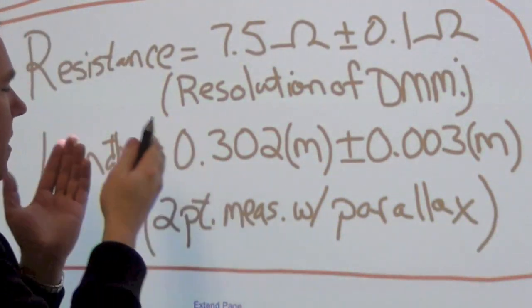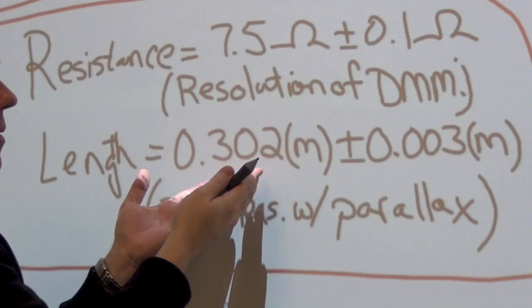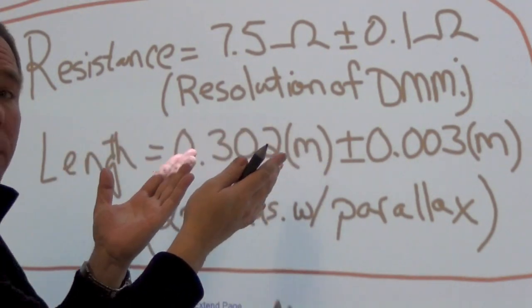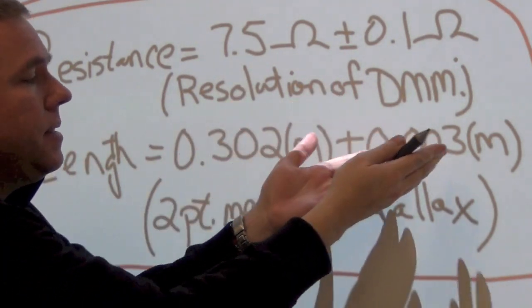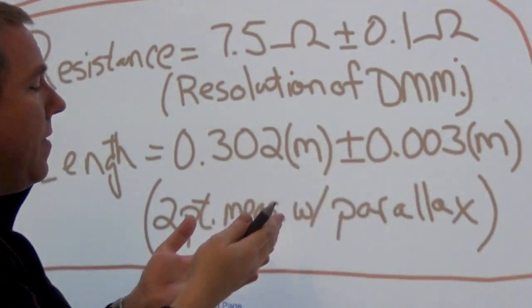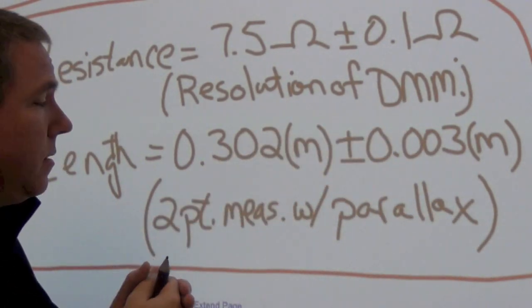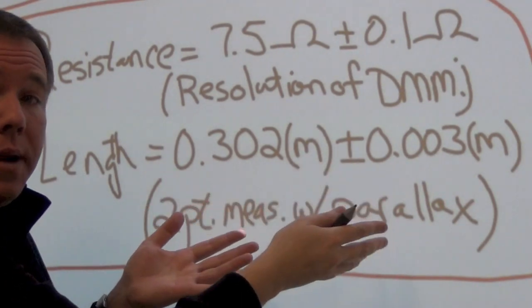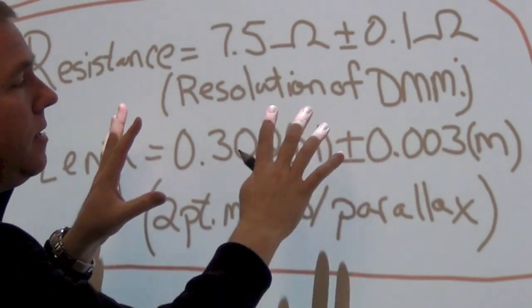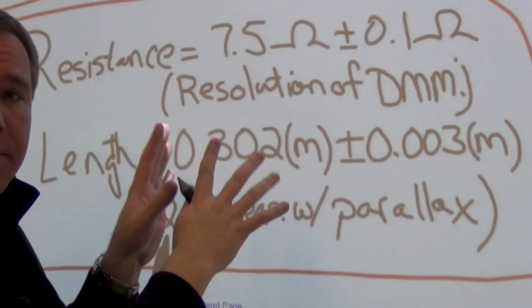So again, I've stated the measurement, a sample value, and again, you could do a range if you wanted to, plus or minus the uncertainty, and then I justified or told how I got that uncertainty. 2-point measurement with parallax. This needs to be done for every single experiment.